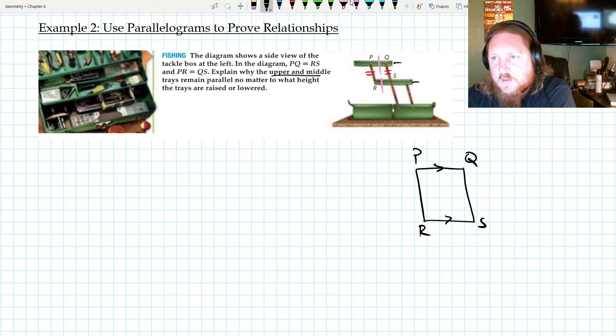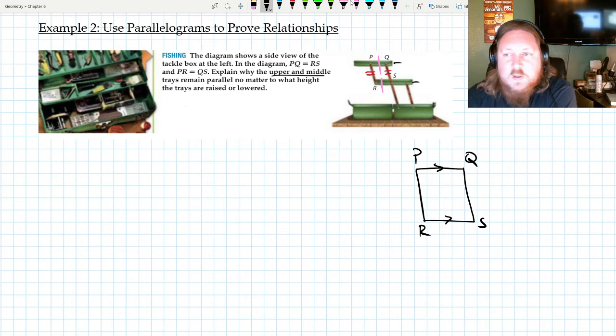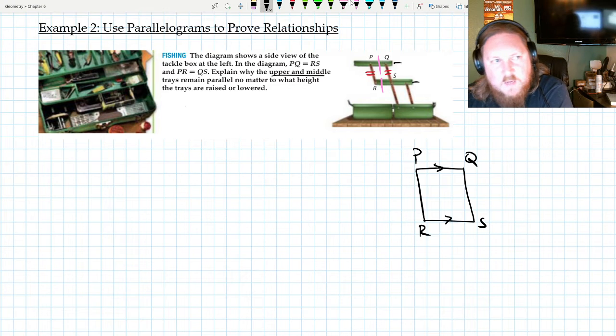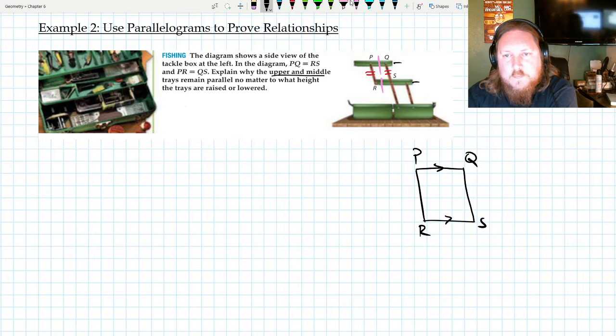So that's what we're trying to do. It's made with parallelograms. So if we can show that this quadrilateral here is a parallelogram, then the top two trays will always be parallel.